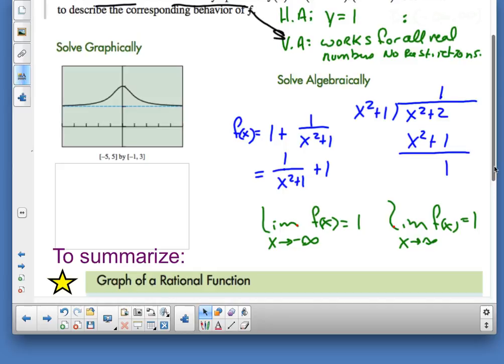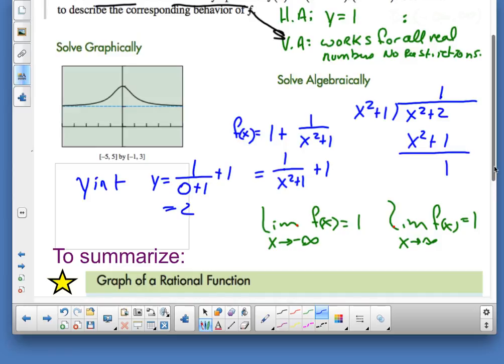And I have an X or Y intercept here. If I talk about my Y intercept, it's when I plug in 0 for x: 0 plus 1 plus 1, that's where I get 2, so I've got (0, 2). That totally makes sense that I'm coming up here at (0, 2), and that's where the high part of my graph comes.